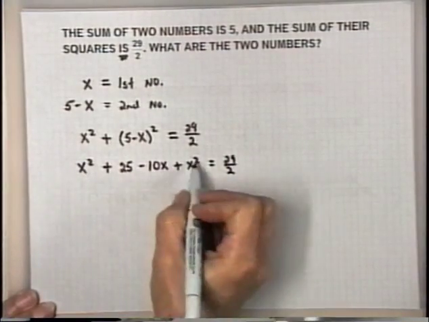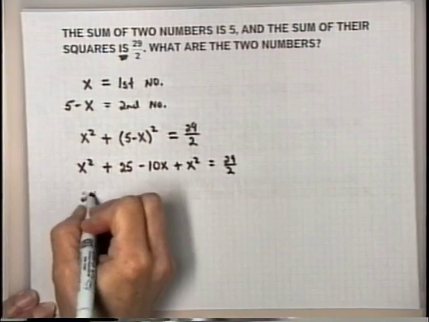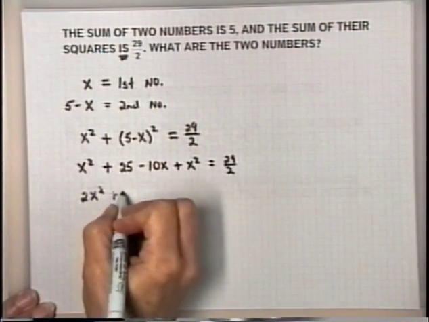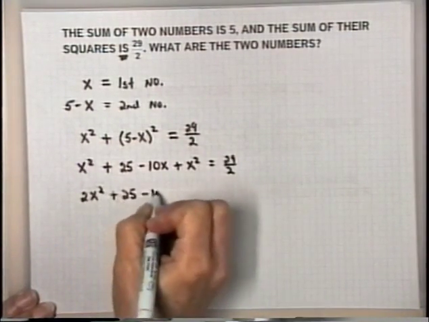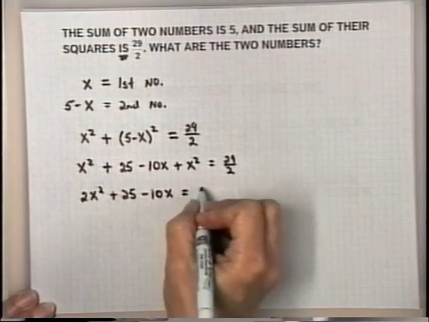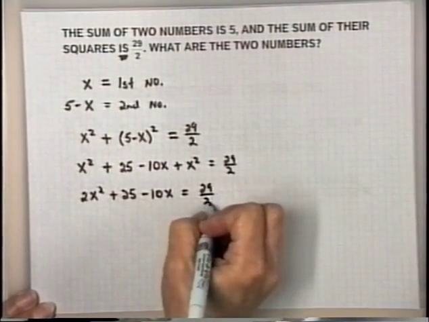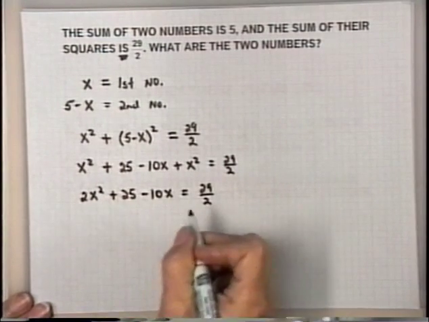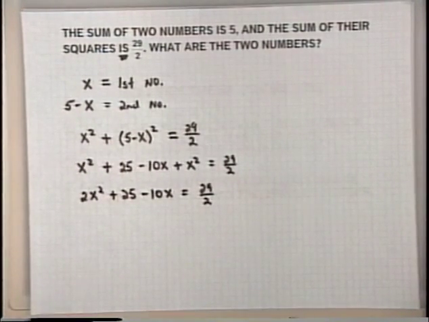Since I have two like terms over here, I'm going to add those. 2x squared plus 25 minus 10x is equal to 29 halves. Now, that fraction can make things a little bit more difficult if I choose to let it. However, remember that when you have fractions in an equation, you can clear the fractions by multiplying both sides of the equation by your common denominator.